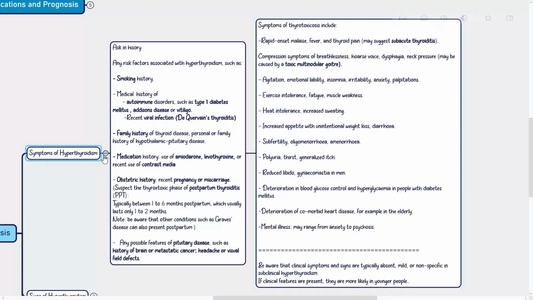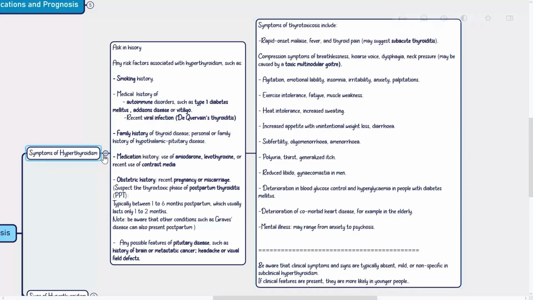Agitation, emotional lability, insomnia, irritability, anxiety, palpitations, exercise intolerance, fatigue, muscle weakness, heat intolerance, increased sweating, increased appetite with unintentional weight loss, diarrhea, subfertility, oligomenorrhea, amenorrhea, polyuria, thirst, generalized itch, reduced libido.